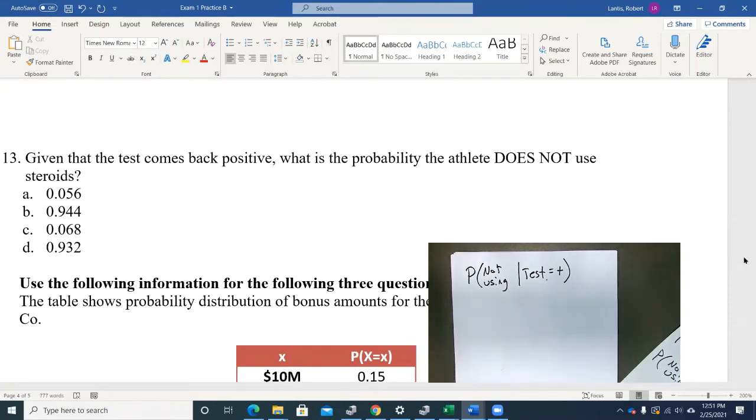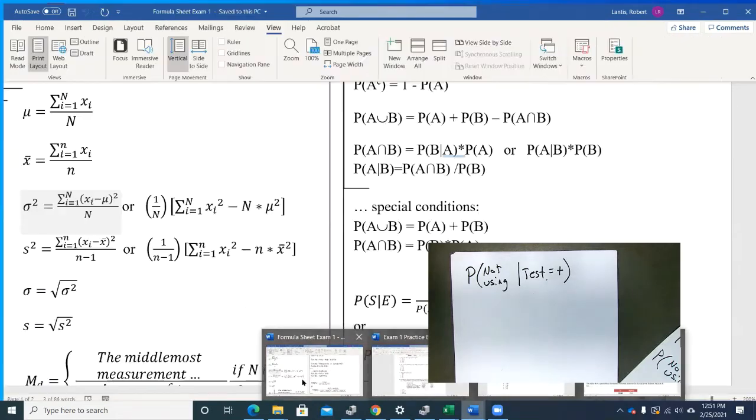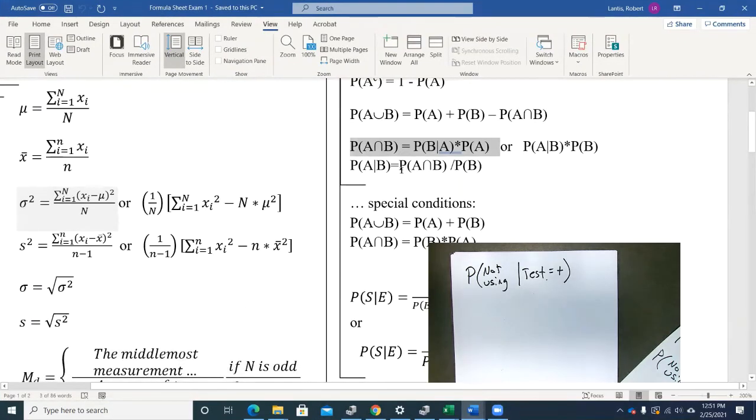Right? So the problem here is going to become, if I go to my formula sheet, okay, I have a conditional probability equation here, but that's really just this being rearranged. So if I want to find the conditional, it's the intersection divided by what I'm conditioning on. Well, the problem is, what am I conditioning on here? That the test comes back positive?